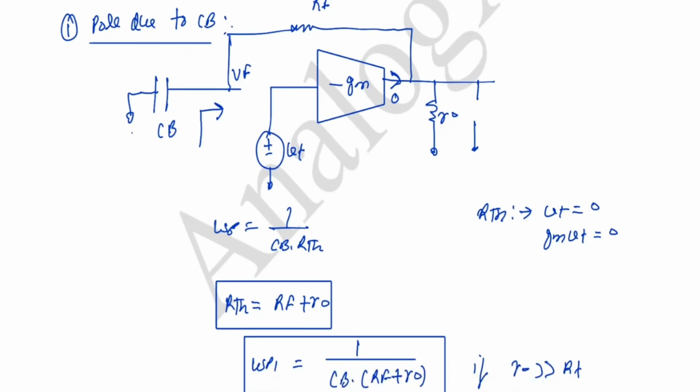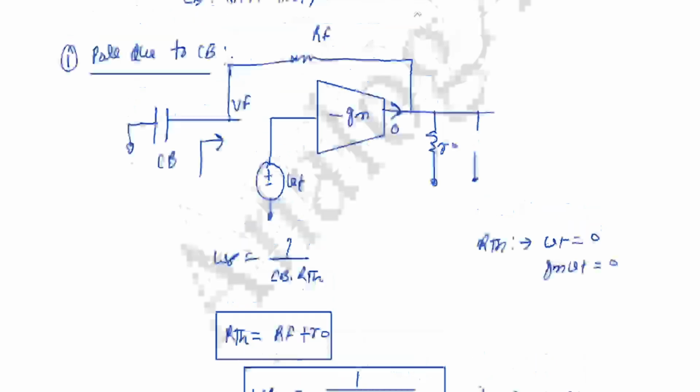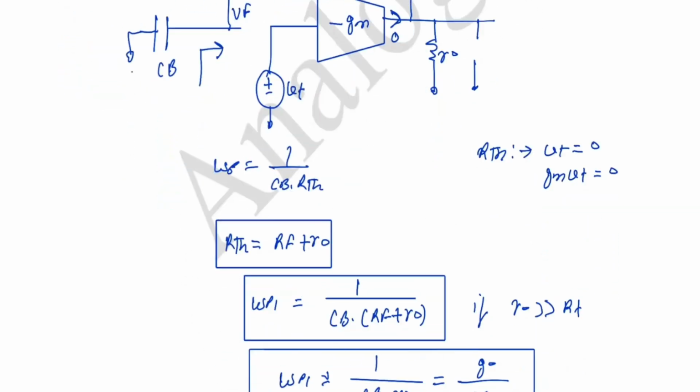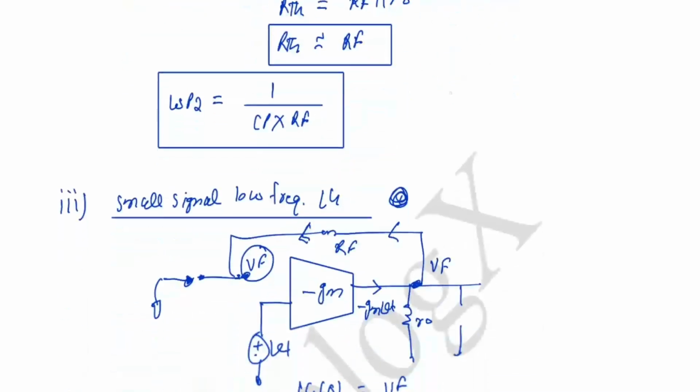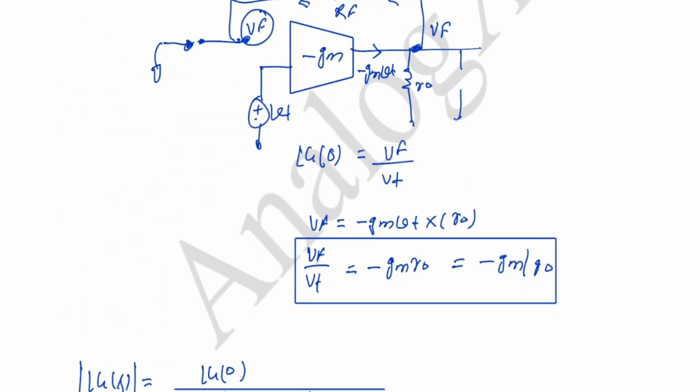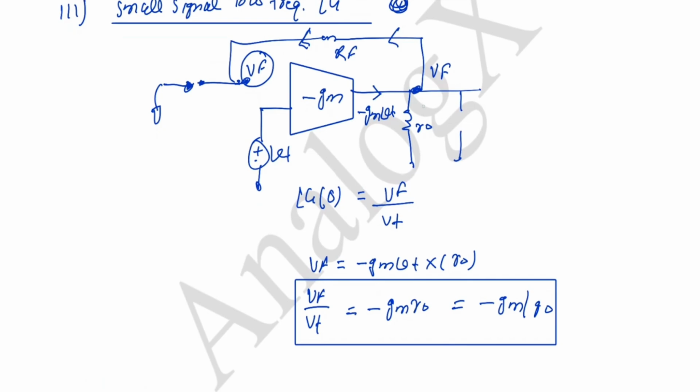Now I will calculate RTH in this loop gain model. Vin was already 0 in the loop gain model. Now this test voltage will also be 0 to calculate our RTH. In one case RTH is simply RF in series with R0, and in the second case it will be RF parallel R0. After that we calculated our DC low frequency small signal gain.